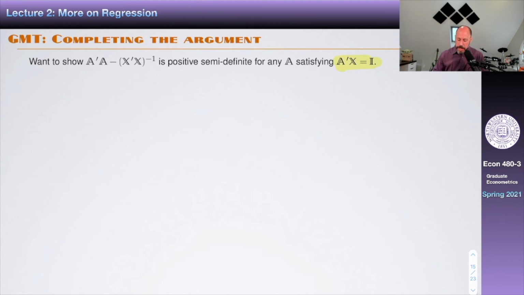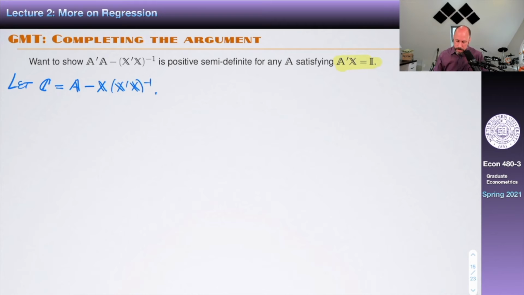So we're going to define a matrix. Let C be A minus x prime x inverse, that is, A minus x times x prime x inverse.